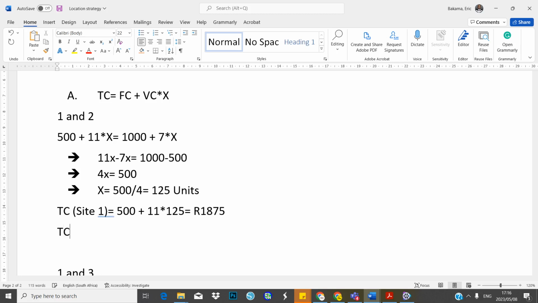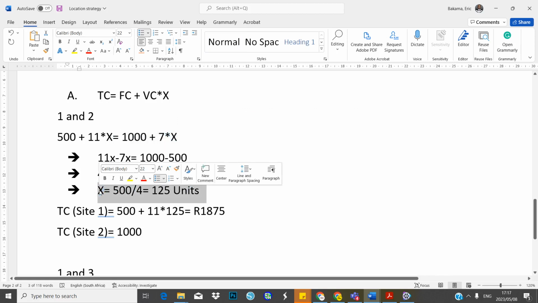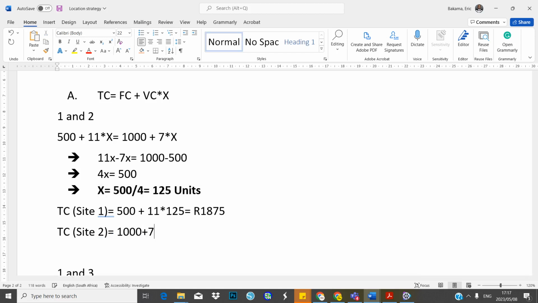If we take the total cost for site 2, the fixed cost, the variable cost was 1000. So I'm just taking the values that I have here and I replace X by the value that we have identified here, which is 125. So I will have plus 7 times 125 here.